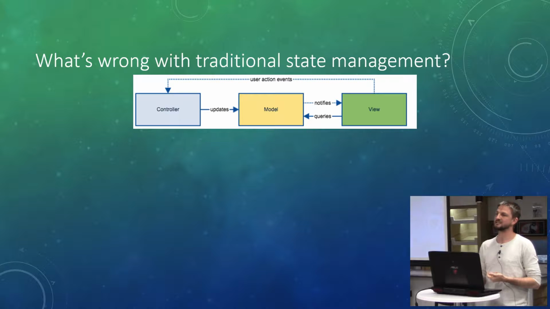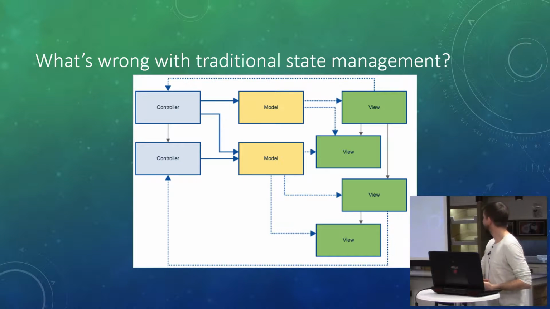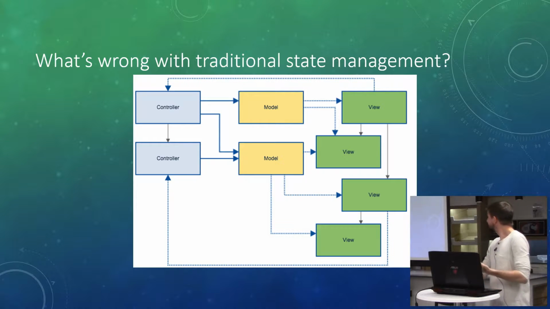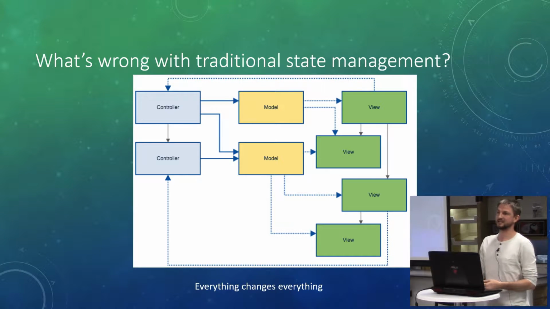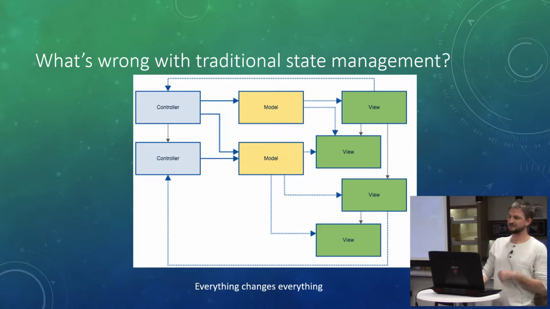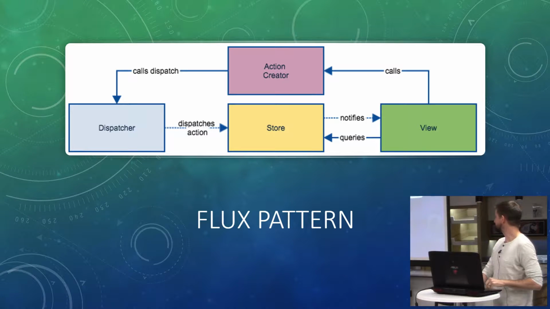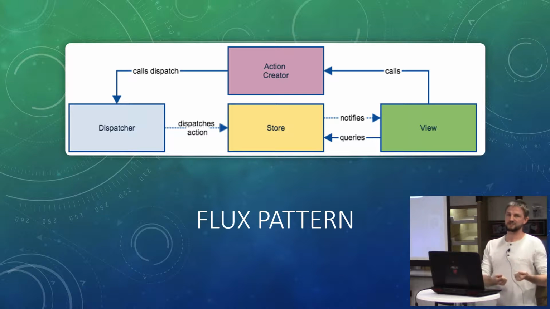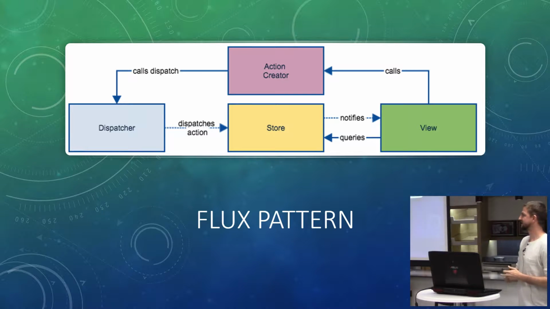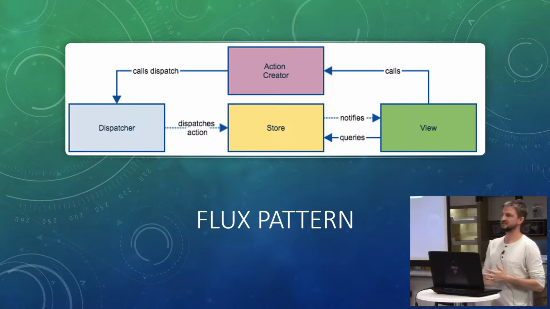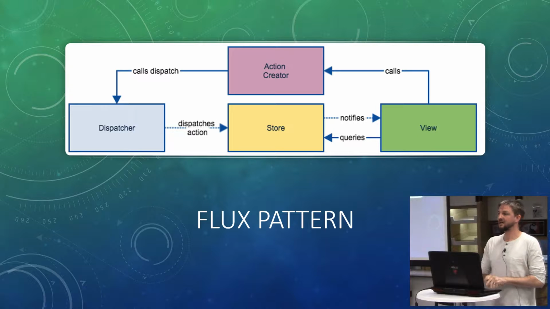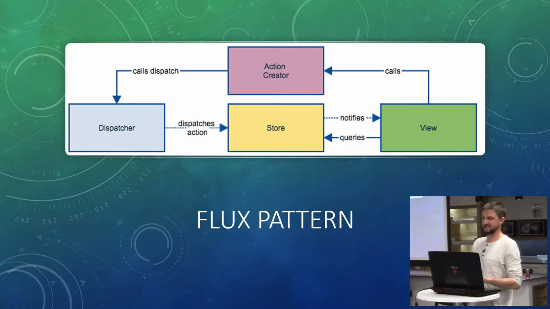Are they doing things that we don't know they're doing? And as you add more models and controllers and views to your application, everything changes everything, and it becomes impossible. So the Flux pattern comes along, and we borrow stuff from functional programming. We say that every single state mutation must leave the previous state, as it were, and provide us with a new state with new changes.